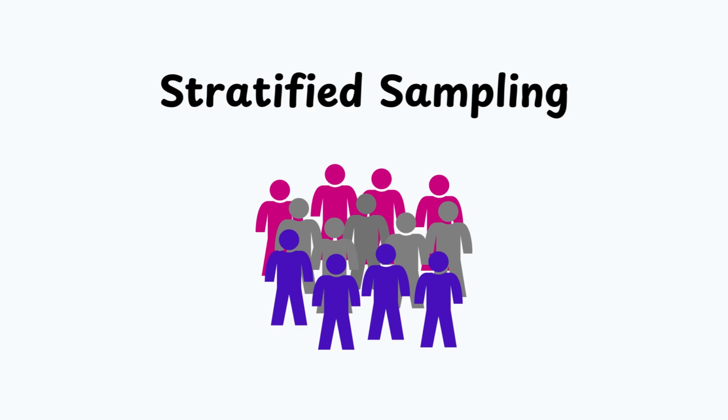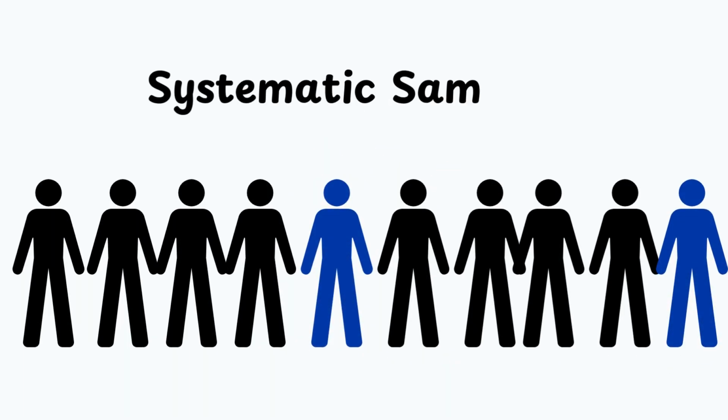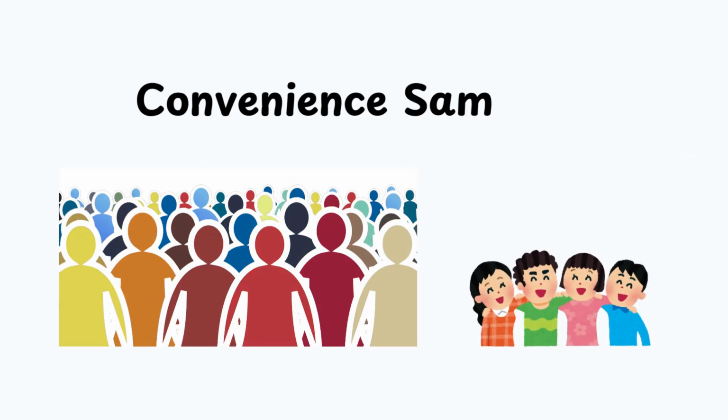This ensures all groups are represented. Third, systematic sampling. Pick every 10th person, every fifth product, etc. Simple, but only works if the data list is random. Fourth, convenience sampling. Talk to whoever is easiest to reach, like surveying only your friends. Quick, but very risky because it is usually biased.